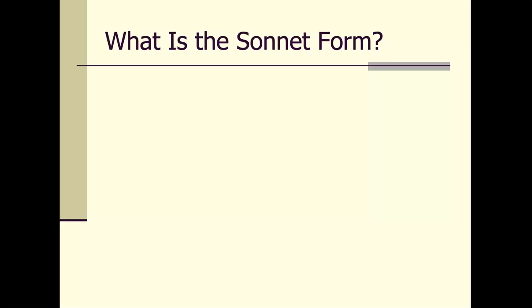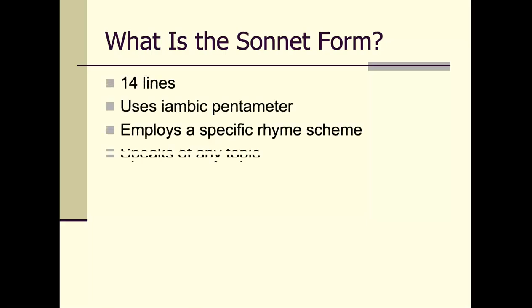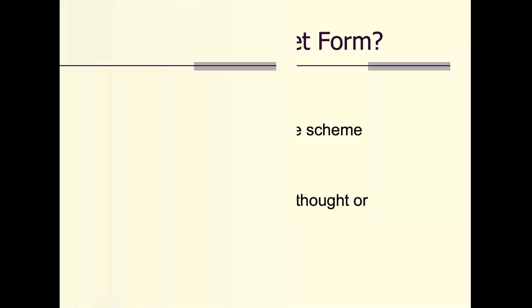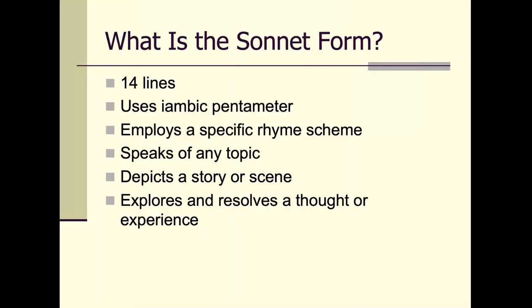I'm not going to get too much into this right now, but I think it's important to let you know a little bit about the Shakespearean sonnet, and the sonnet forms in general.